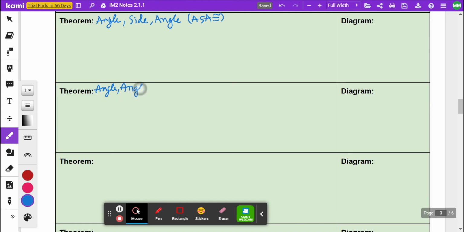We have angle, angle, angle. Oops, sorry, I made a mistake. Angle, angle, angle is not a congruence theorem. I should have said angle, angle, side. That's AAS congruence.